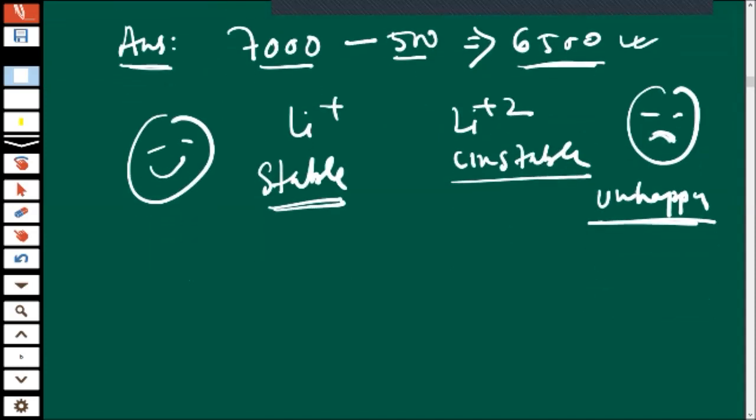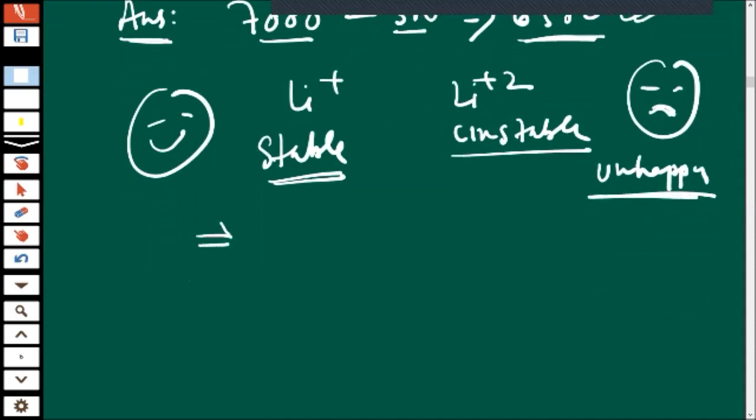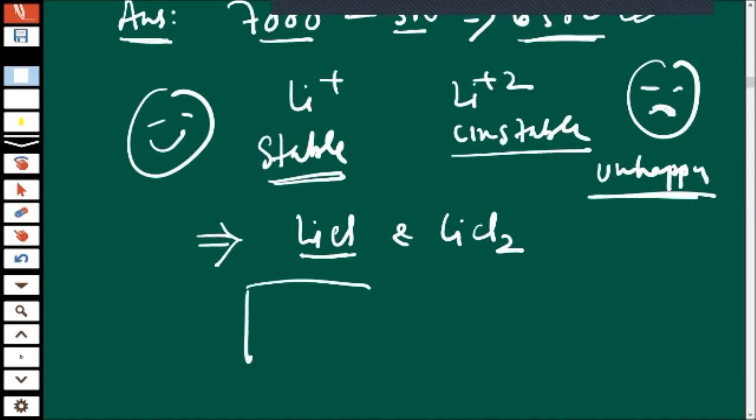On this basis, see what type of problem they can ask. They will ask you LiCl and LiCl2, which is stable. In LiCl, this is a molecule, so Li+ and Cl- are there.